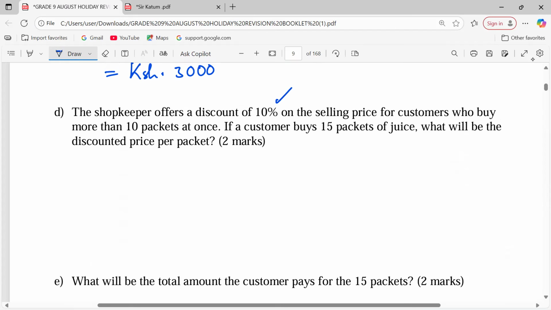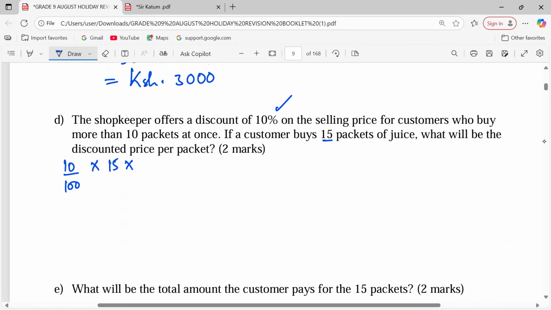So you see, 10%, we receive 10% of 15 packets. So 15 packets, and each packet, okay, we need the discounted price actually, not the discount itself.